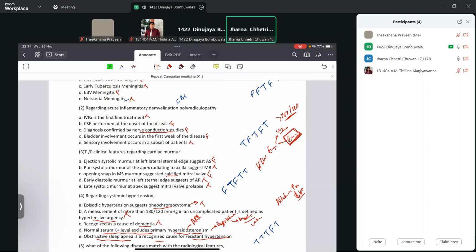Three antihypertensives, one should be a thiazide diuretic, and still the blood pressure is not controlled, then we call it resistant hypertension. So for resistant hypertension, first we add spironolactone, and if it is not responding to that as well, then we add beta blockers and other second line agents.